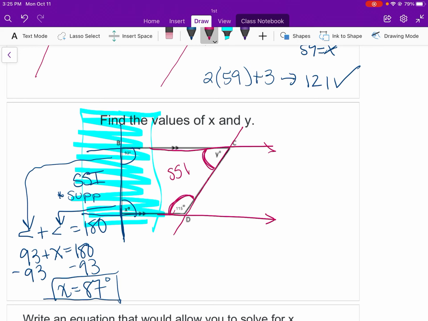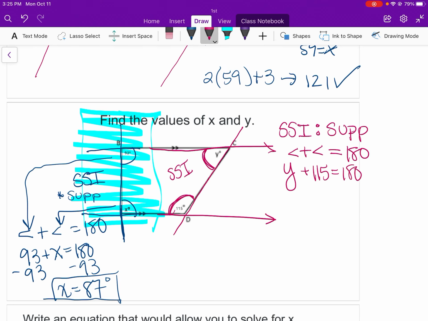same side interior. So once again, same side interior, same side supplementary. So my formula is angle plus angle equals 180. So I plug it in, y plus 115 equals 180.